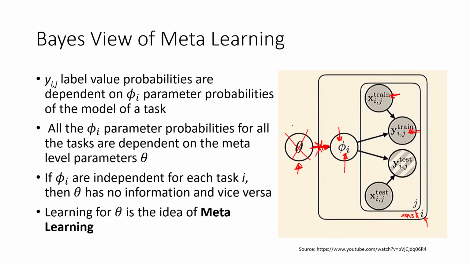When theta is there, then we can use meta learning to identify the common information, common structure that is there between these tasks, right? So it's similar to multitask learning, right? Transfer learning is a form of multitask learning, and meta learning is also explaining why the multitask learning is working, right?